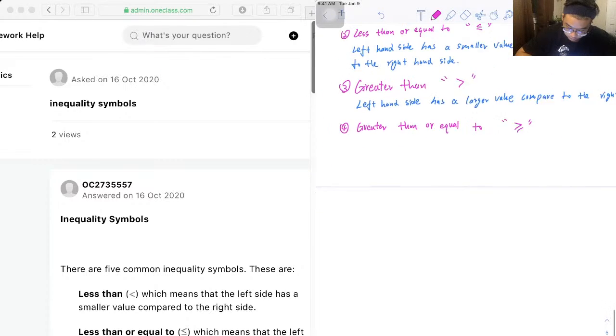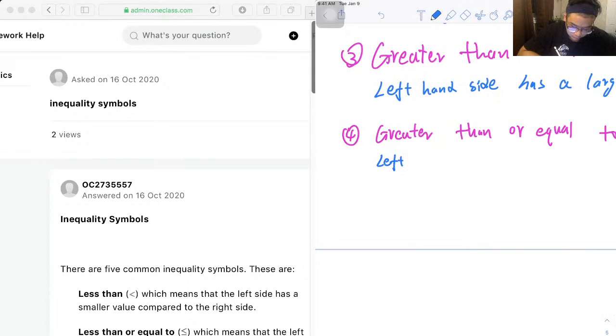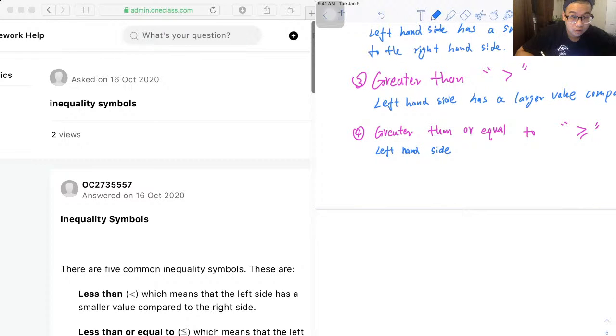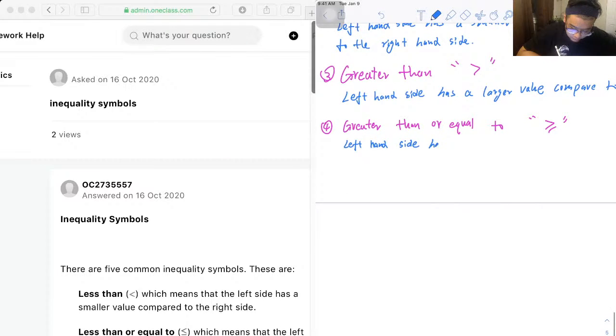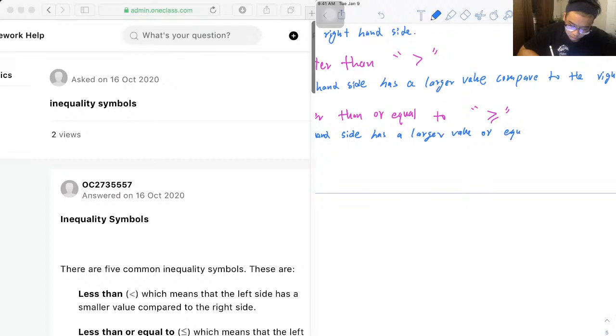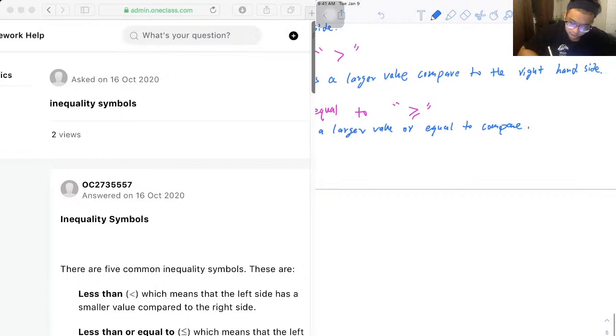And this means the left hand side has a larger value or equal compared to the right hand side.